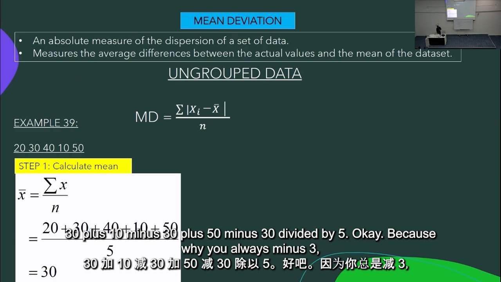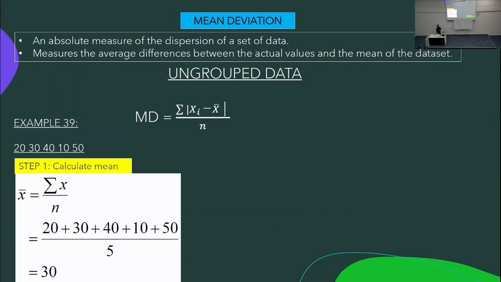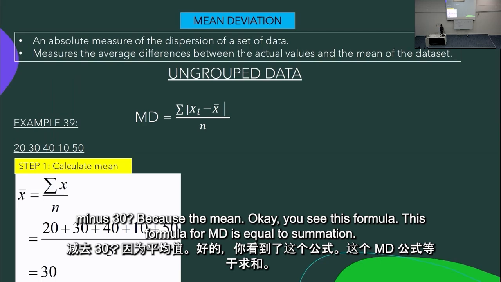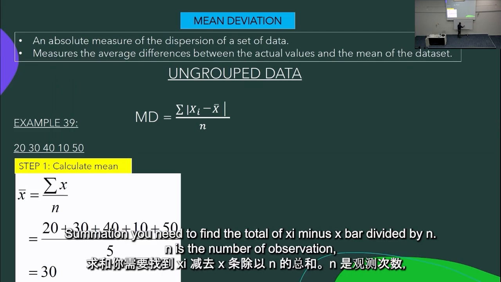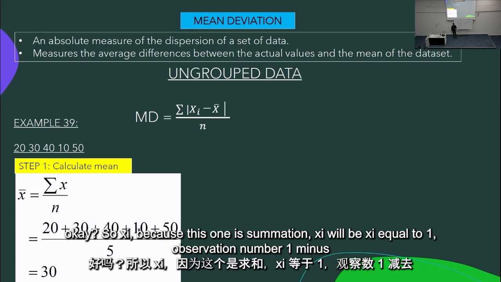Why do you always minus 30? Because of the mean. You see this formula: the formula for MD is equal to the summation, the total of the absolute value of xi minus x bar, divided by n, where n is the number of observations.